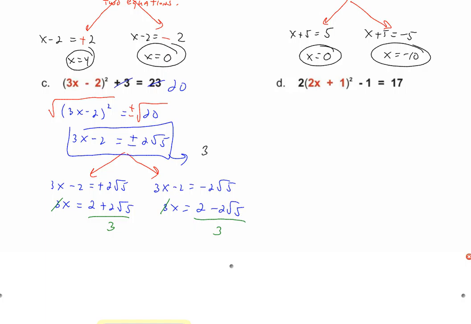They'll add the positive 2 to both sides, put it in the front. They'll leave the plus minus there. And then they'll divide by the 3. And they'll get both answers written together as 1. And that's an easier way to do the problem when there's a radical.